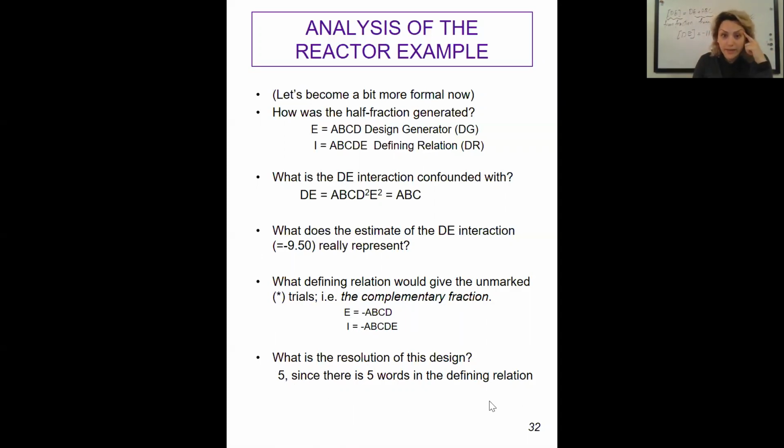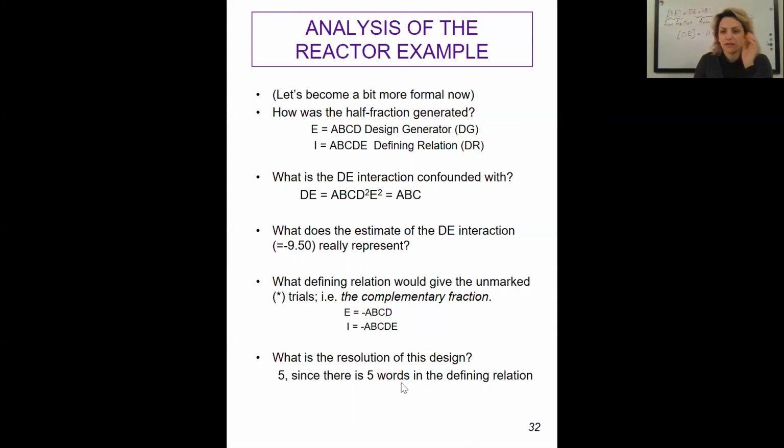We said that E is equal to ABCD, so I is equal to ABCDE. The smallest number of letters in the words of the defining relation is 5, so the resolution number here is 5.